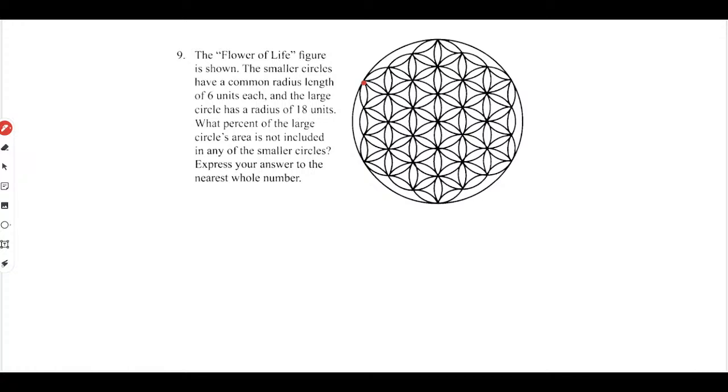The triangle that we made cuts each of those petals in half. So we're looking at three halves of all those combined petals. Now we can do the same thing but on a smaller scale on the smaller circles.